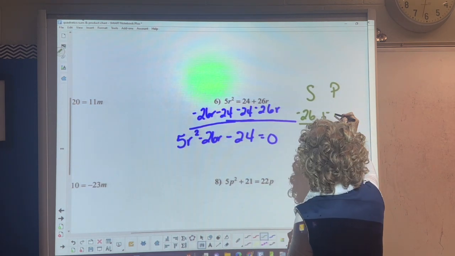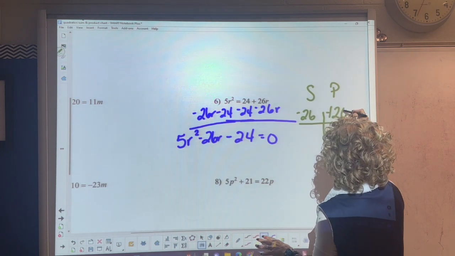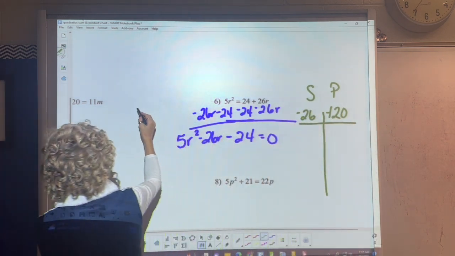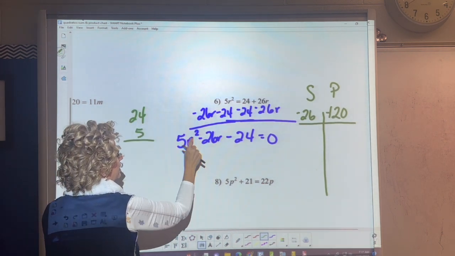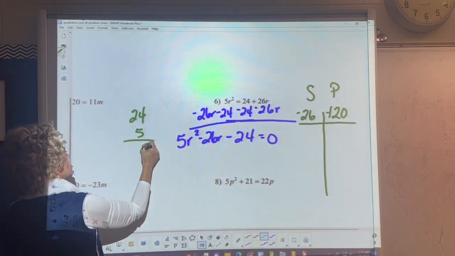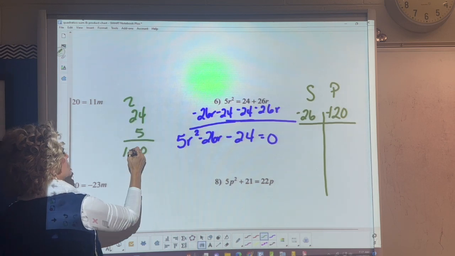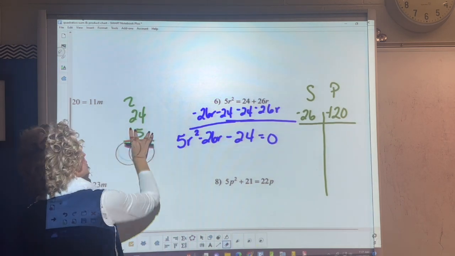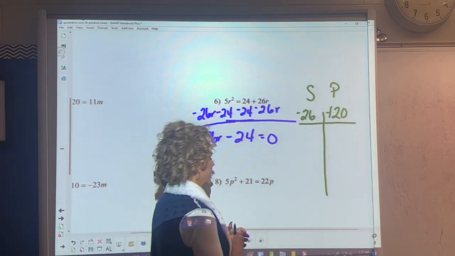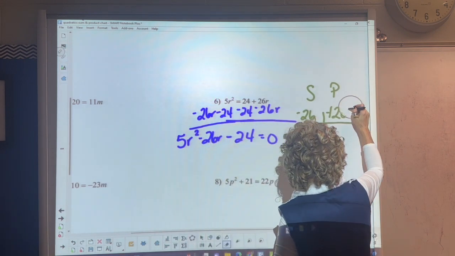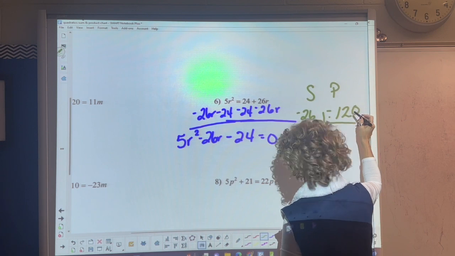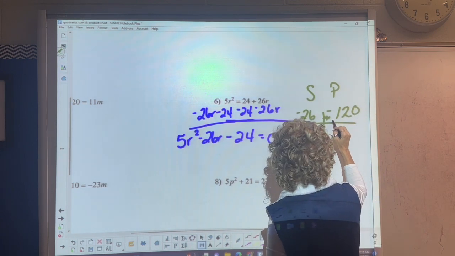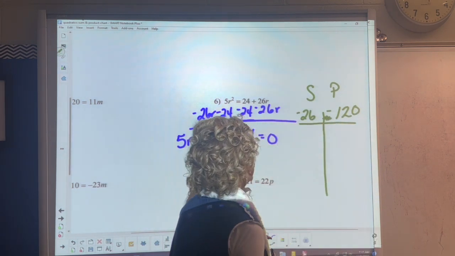It's 120. Negative 120. If you don't know that, 24 times 5, and it's going to be a negative because you're multiplying by a negative. This is 20, carry your 2, 10, so you get 120. So you do get a negative 120, and that just kind of looks funny, so I'm going to fix the writing there. Negative 120, and this is not there, okay? So we get negative 120.